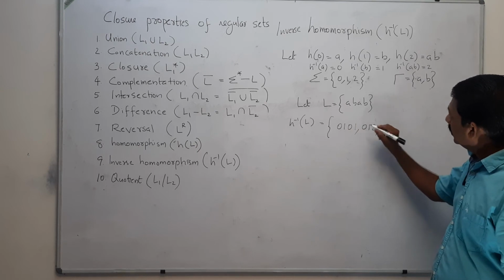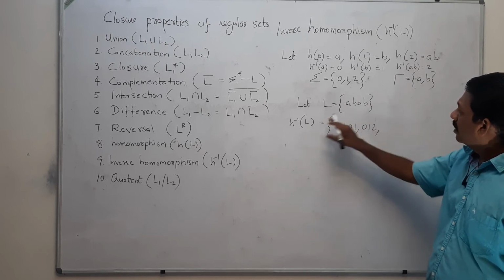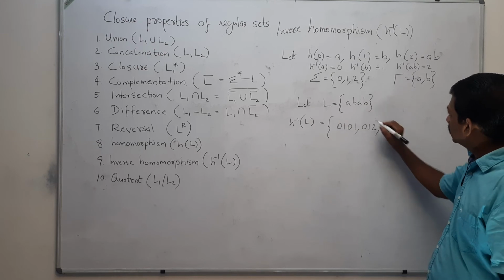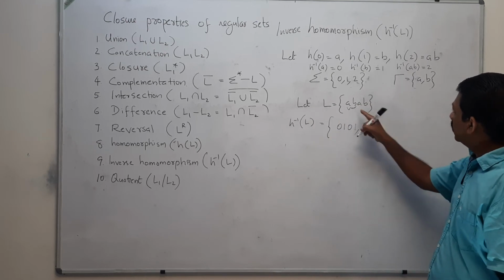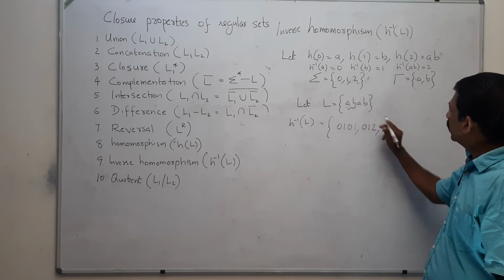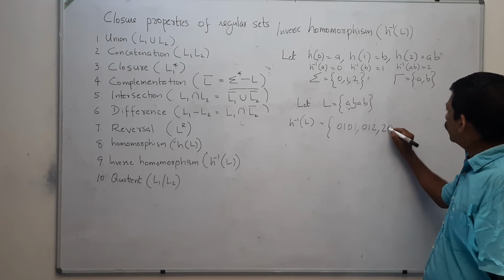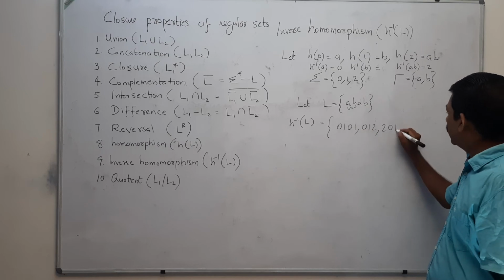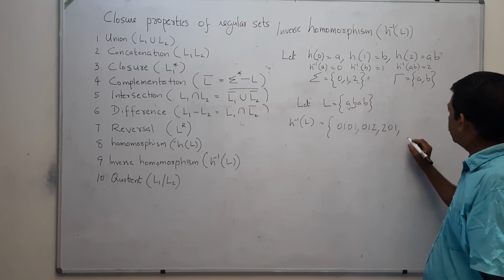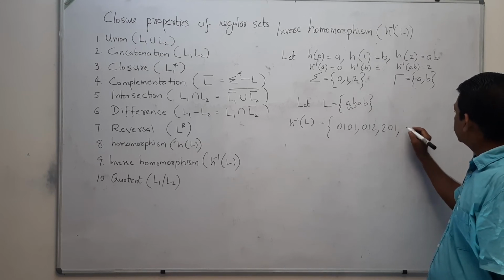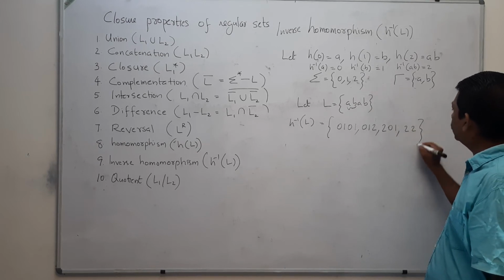And the next one is AB. Here take this as an entity. Then H inverse of AB is 2, and A is 0 and B is 1. Then take this as AB and this as AB. Then this is 2. These are different possibilities.